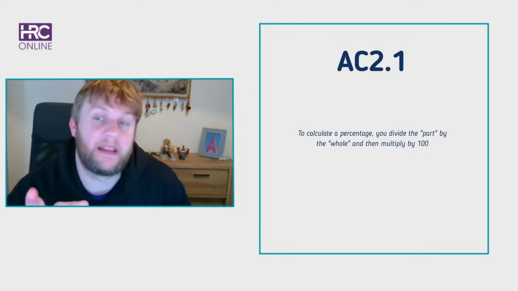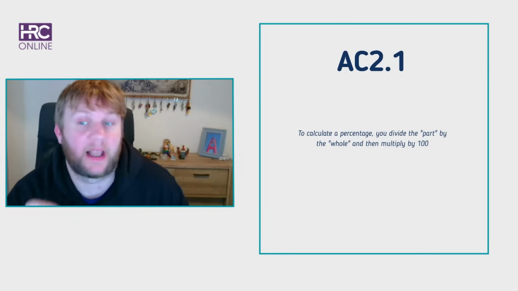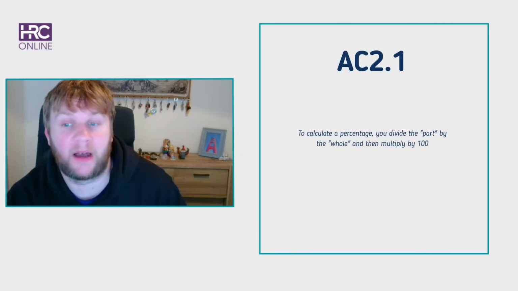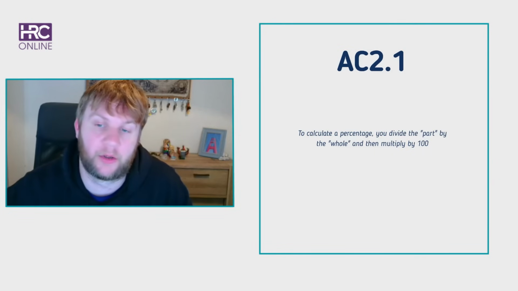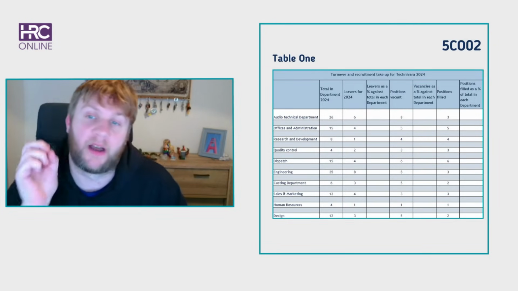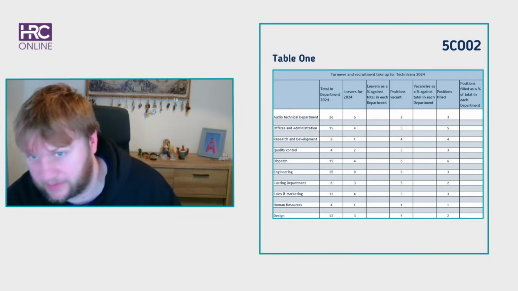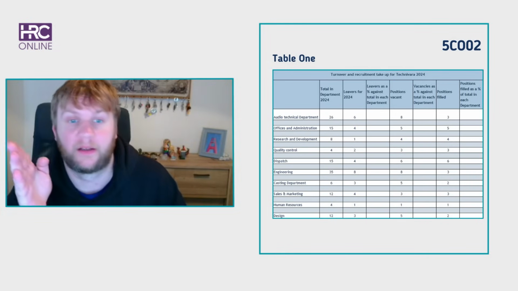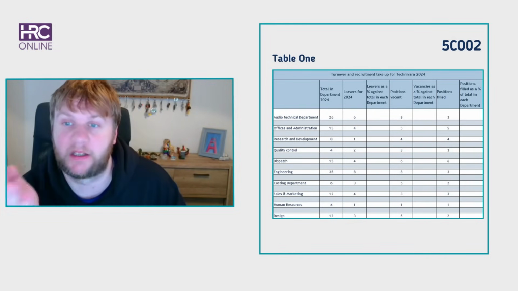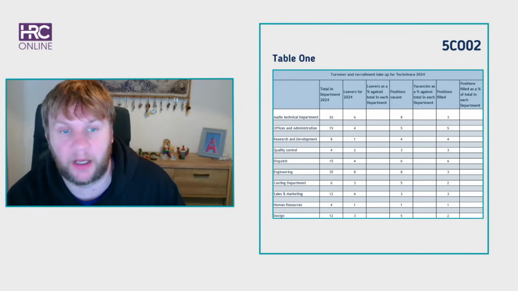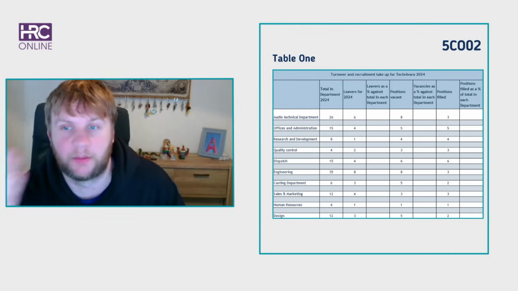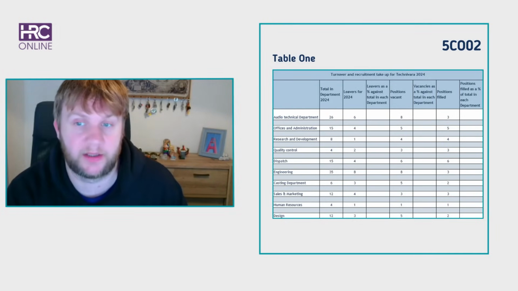Number 1 key thing to remember, to calculate a percentage, you divide the part by the whole and then multiply by 100. You divide the part by the whole, multiply by 100. So percentage of leavers against total in department. You divide the part by the whole and you multiply by 100 to give you your percentage.